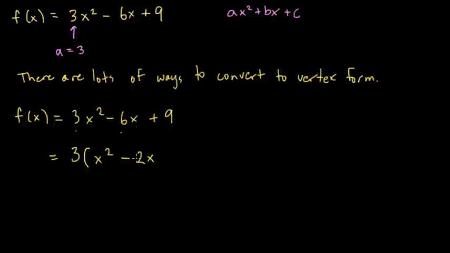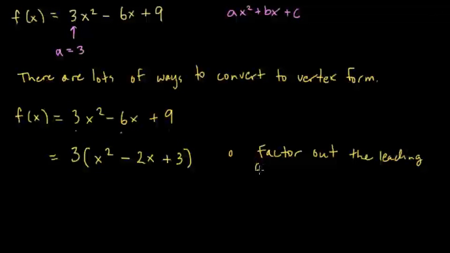So this negative 6x becomes a negative 2x. And finally, when I take the 3 out of the 9, I get plus 3. So the first thing I want you to do is factor out the leading coefficient. Let me write that down because it's that important.